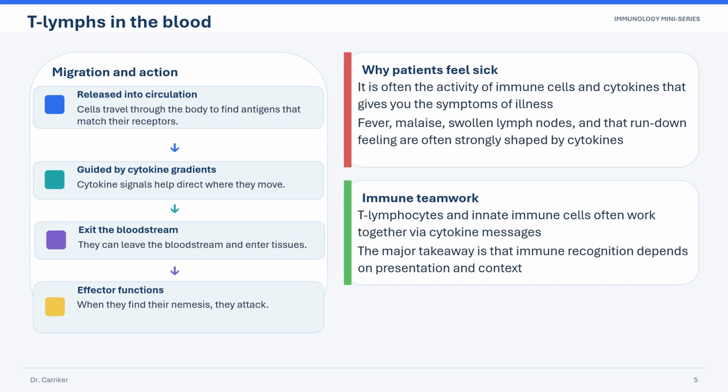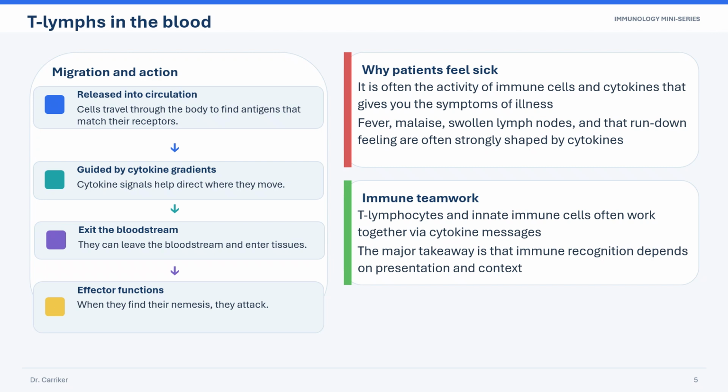So when a patient says to you, I feel awful, well, part of what they're experiencing is the immune system doing its job. The immune response is essential, but it's not always comfortable. So that's another reason that immunology matters clinically. The very mechanisms that protect us can also explain why sometimes patients feel a little bit crummy during the disease.